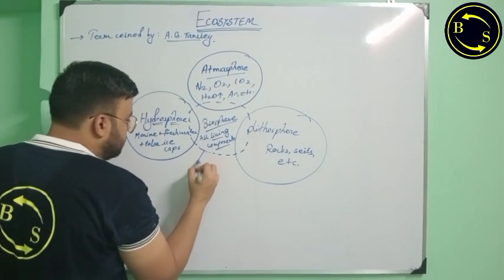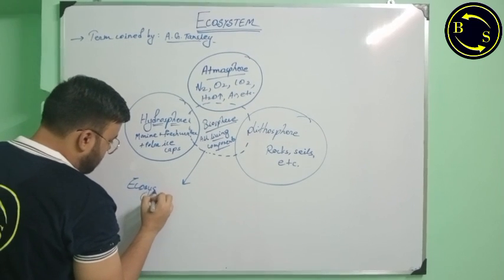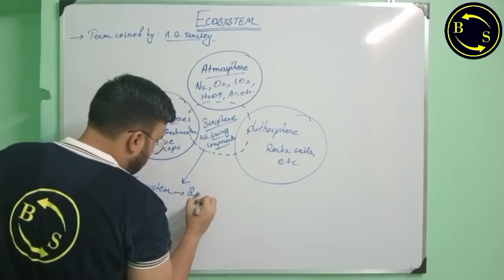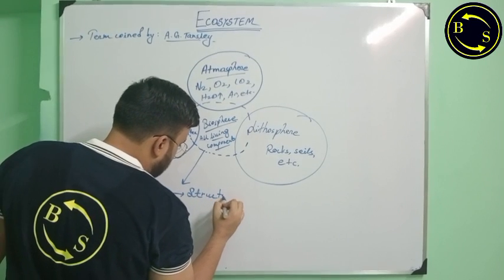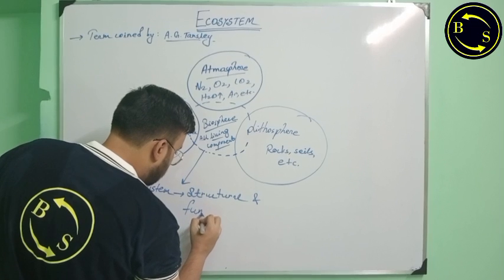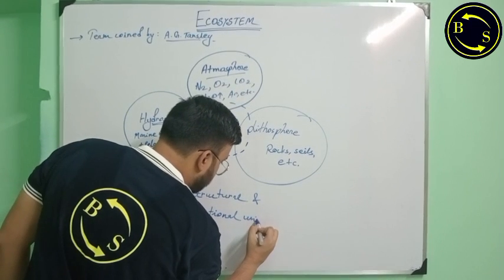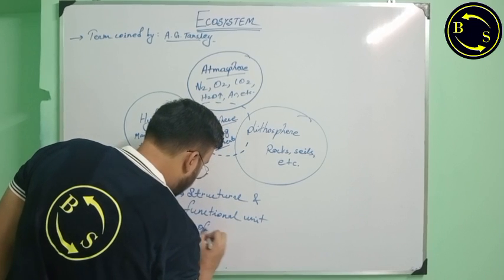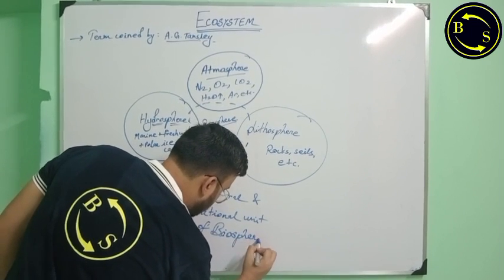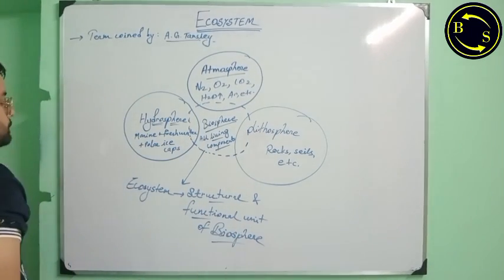So, ecosystem is the structural and functional unit of our biosphere. Okay, structural and functional unit of biosphere.